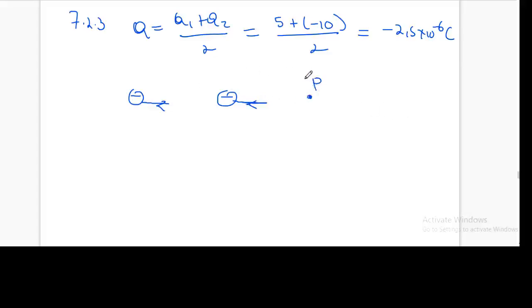So the net electric field here is going to go to the left. So I have something like this, you see.